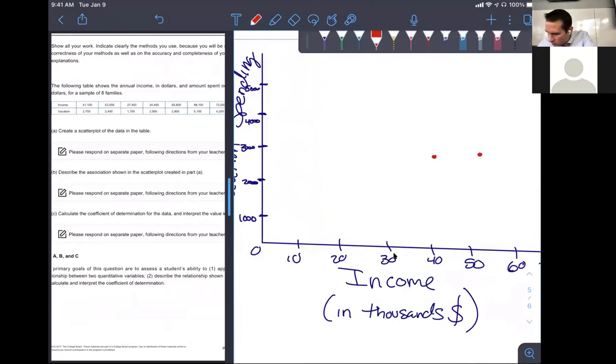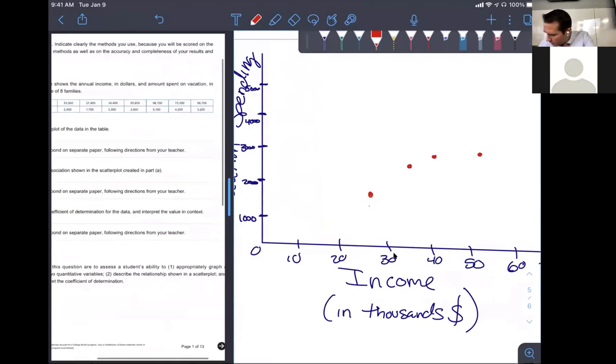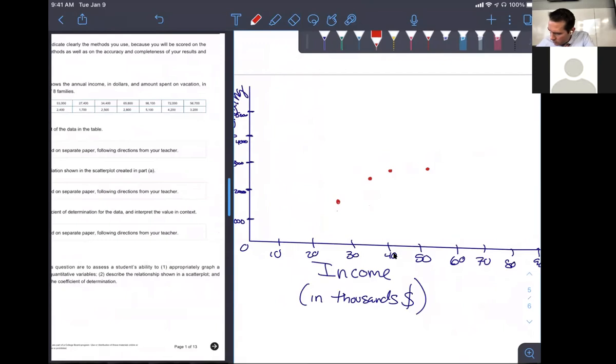The next one is 27, 1,700. The next one, 34, 2,500. That is a lot of money to spend. 65, 2,800. Is that what they said?